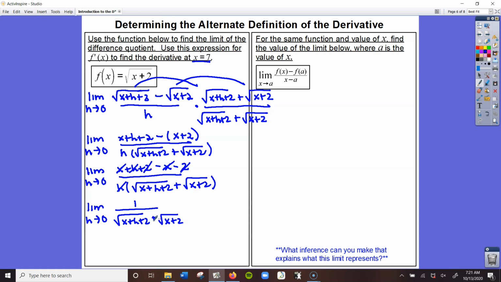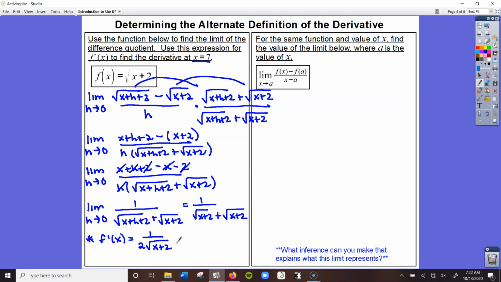Now I can plug in h is equal to 0. And that would leave me with 1 over the square root of x plus 2 plus the square root of x plus 2, which, bottom line, f prime of x would equal 1 over 2 times the square root of x plus 2.